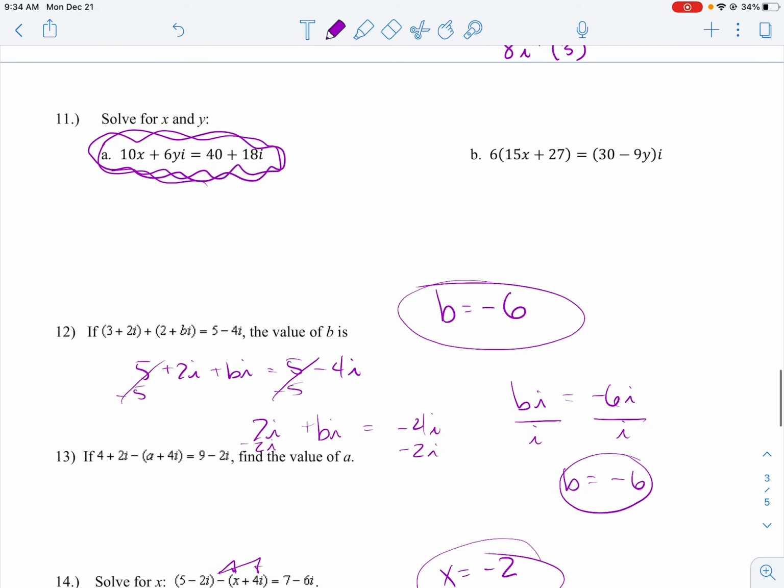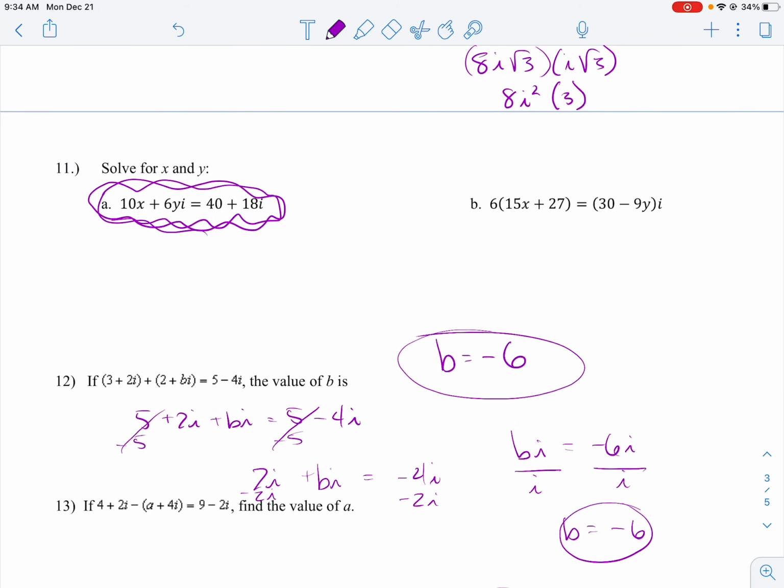And because I'm feeling nice, I guess I'll do this one real quick. So 6 times 15, I don't know what that is. I'm not feeling my math, so this is going to be 90x plus, this is 6 times 27, 162 is equal to 30i minus 9yi.